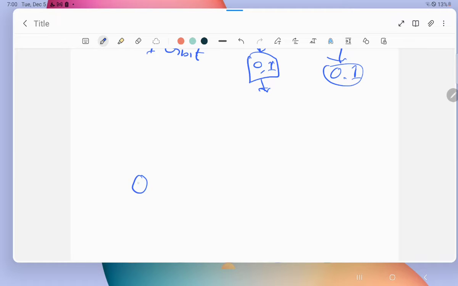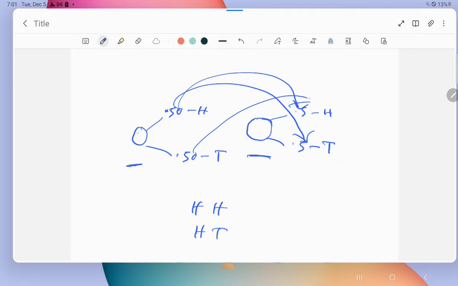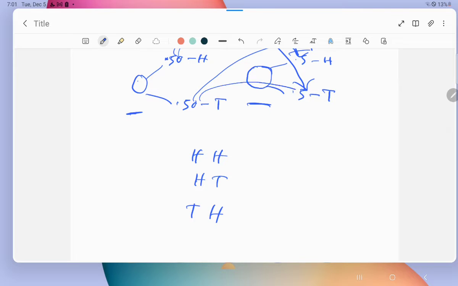The first coin, when flipped, has 0.5 chance of heads and 0.5 chance of tails. Another coin also has 0.5 chance of heads and 0.5 chance of tails. If both are flipped together, what is the probability of heads-heads, heads-tails, tails-heads, and tails-tails? You multiply the numbers, and each will be 25%, or 0.25.